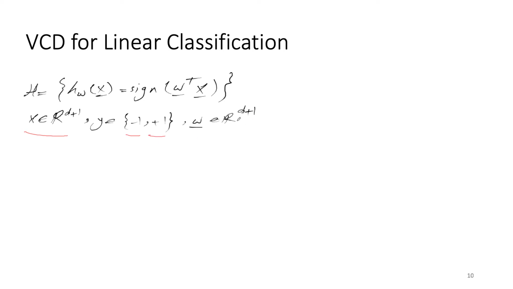And all the w's are also in that space. VC dimension tells us it's going to be d plus 1, the number of parameters of w, right? Let's see if that holds.